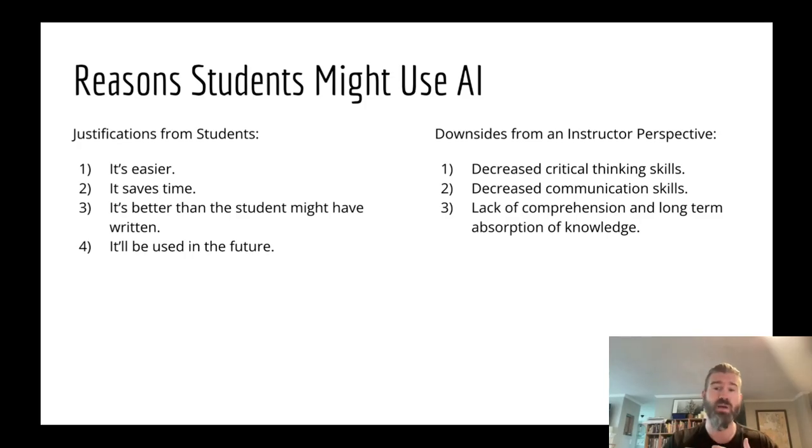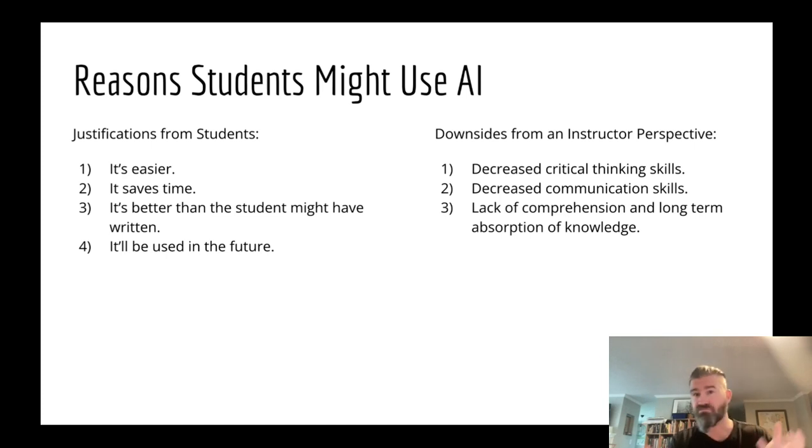So it's something that we do want to practice. Decreased communication skills, because we're not exercising our ability to communicate. Also a 21st century skill. And then a lack of comprehension and long-term absorption of knowledge. So imagine you're taking a biology class and you needed to explain mitosis and meiosis, and you used AI to explain it.